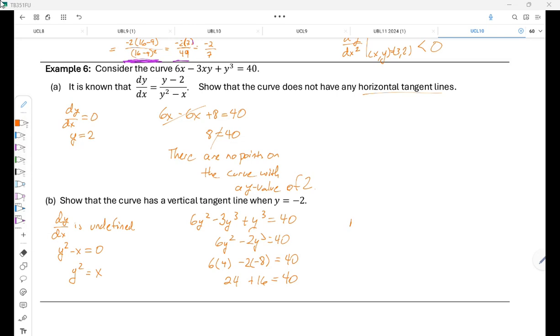And then I will say the curve, what was x if x equals y squared? What's y?